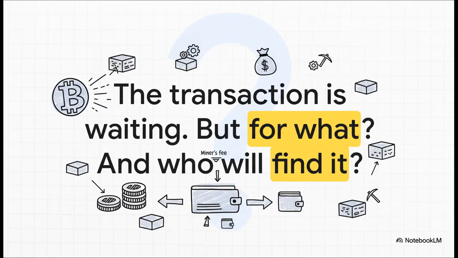So picture this. Alice's fully formed transaction is now floating out there in what's called the memory pool, this huge global sea of unconfirmed transactions. It's just waiting. But what is it waiting for? And who is going to be the one to finally find it and make it a permanent part of the Bitcoin story? Well, that is a topic for our next explainer.